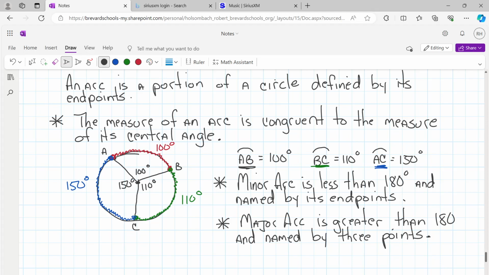So when you're naming a minor arc, you use 2 points, the endpoints. When you're naming a major arc, you're using 3 points.